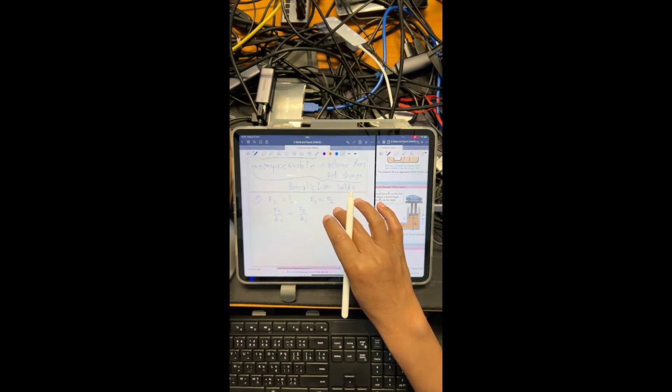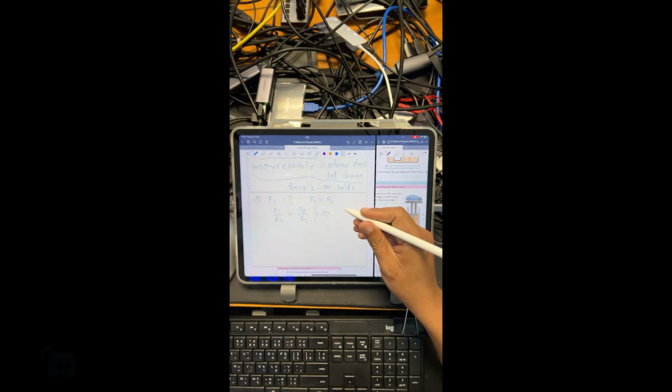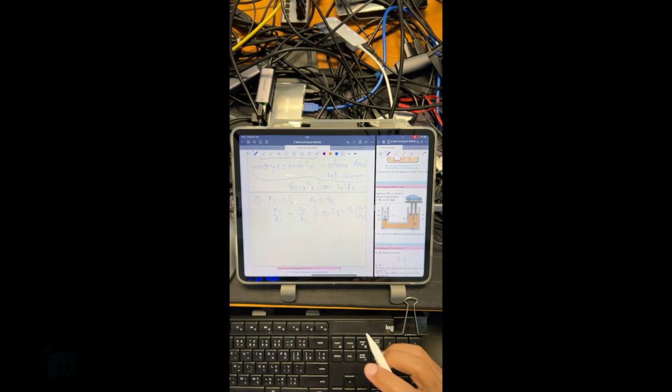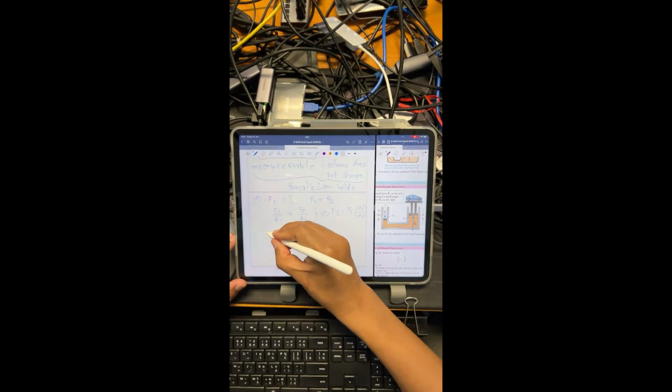And we want to find F1, so we manipulate this expression to something like this. F1 will be equal to F2 times A1 by A2. Let's get into the detail. What is the ratio A1 by A2?